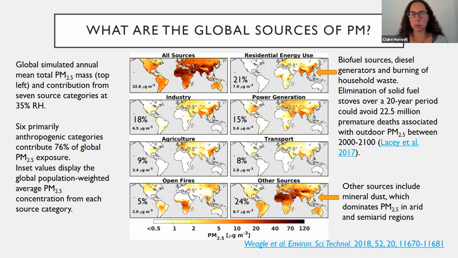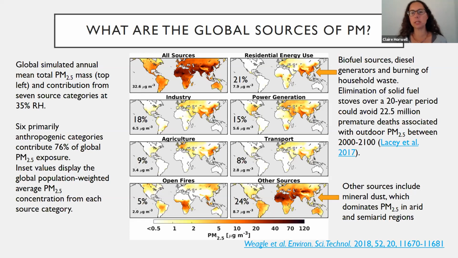Now, if we look at one or two of these in more detail, let's look at the top right image, residential energy use. You see that actually 21% of our exposures is sourced from residential energy use around the world, and that this is really particularly in places like India and China. So areas that are very populated and also are not highly developed yet.